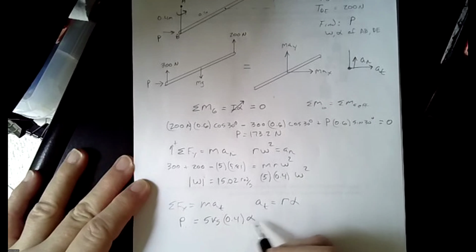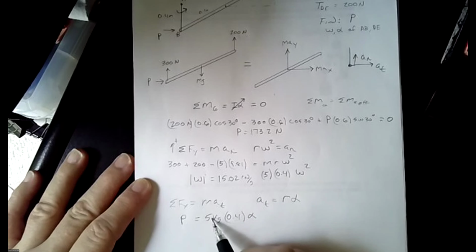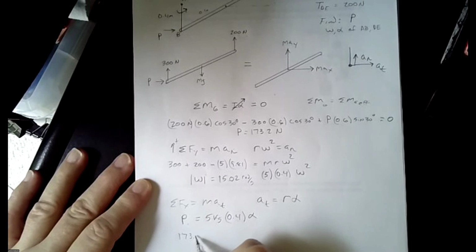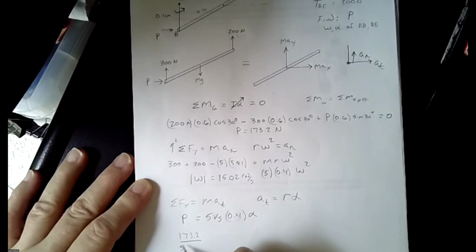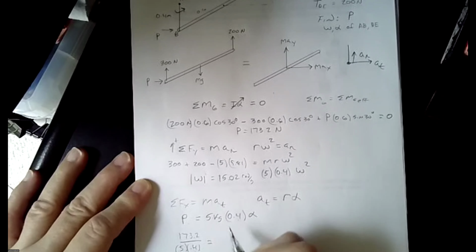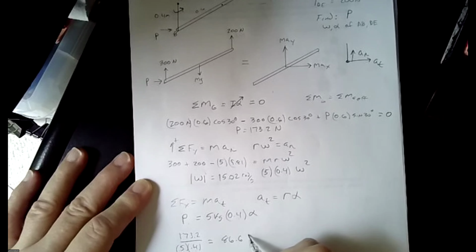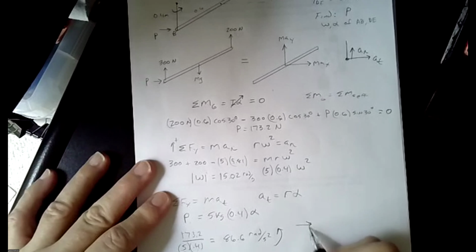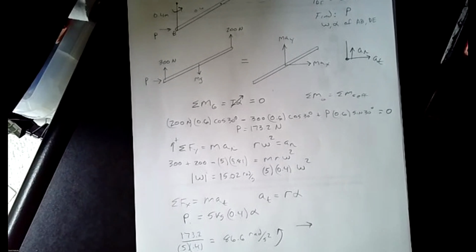So what's 5 times 0.4? It's 2. So I get 173.2 divided by 5 times 0.4, which is really just 2, so it's half of that. That gives me 86.6 radians per second squared. Now, in this case, I do know it's going that direction, and that's because P is pushing there. And I would probably guess that omega is also going that direction, but we don't know for sure.